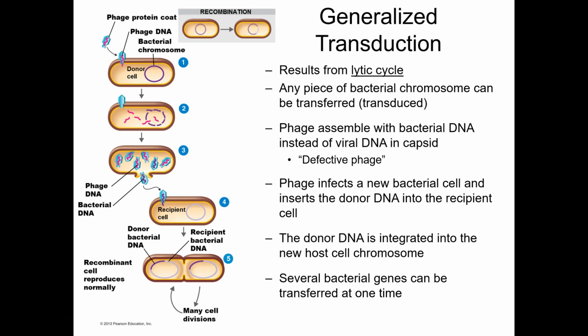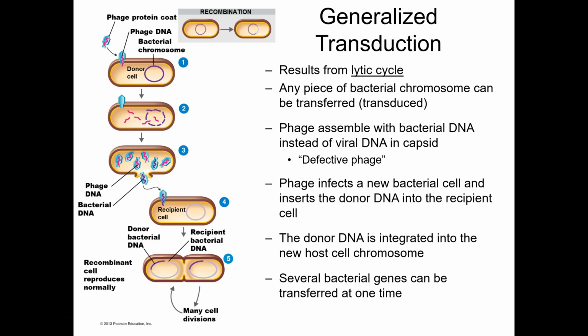So we've gone through the steps, right? You get attachment, penetration, and then during biosynthesis, these lytic viruses will usually chop up the host chromosome, chop it up into as many little pieces as they can. Now, the mistake occurs at step 3 here, during assembly.